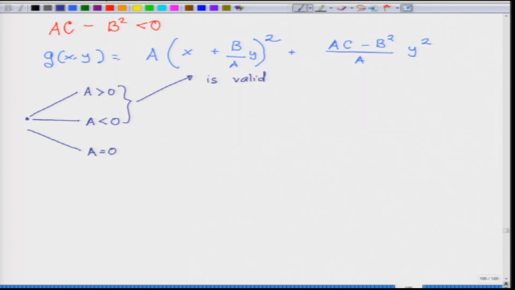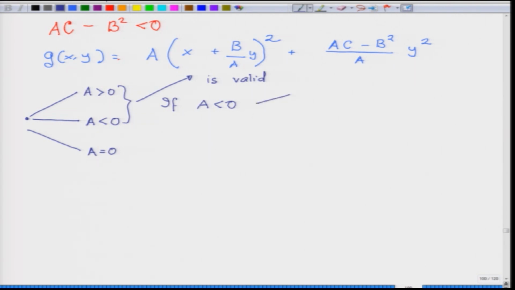So, we will start dealing with the case A is negative, or of course A is positive. I have just written down the case for A is negative. If A is negative, let us see what happens. A is negative, two things are there. Then this part is negative, and because AC minus B square is negative and A is negative, that will make it positive and this part becomes positive.